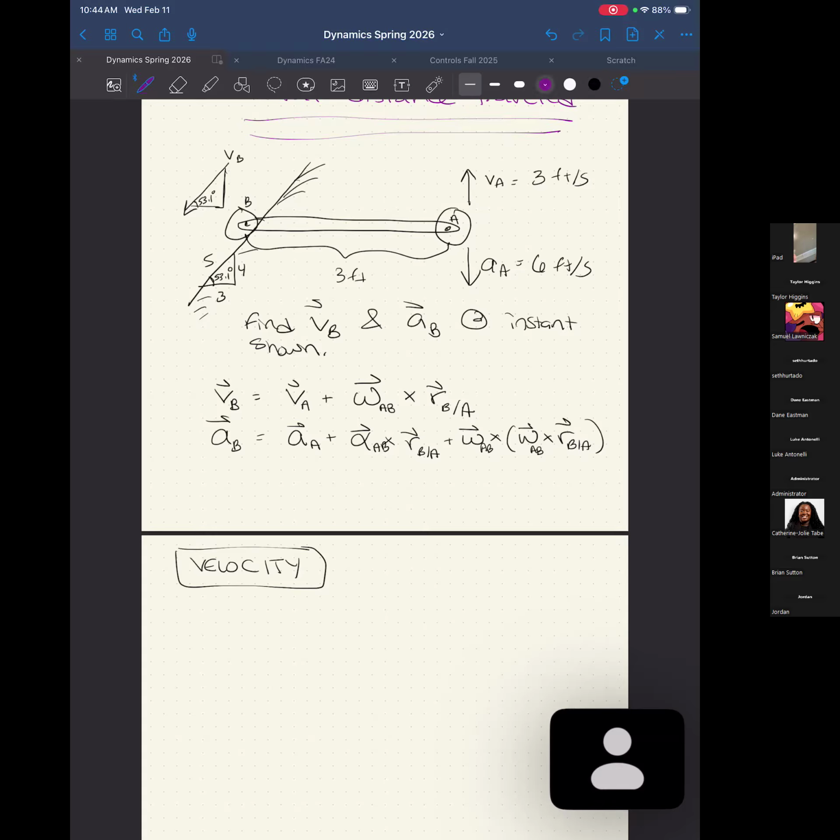I know V_B goes some amount down, which will be the Y component, and some amount to the left, that'll be the X component. So I can go ahead and write on the left-hand side of this equation, this is V_B. Sorry, we have to give ourselves a coordinate system.